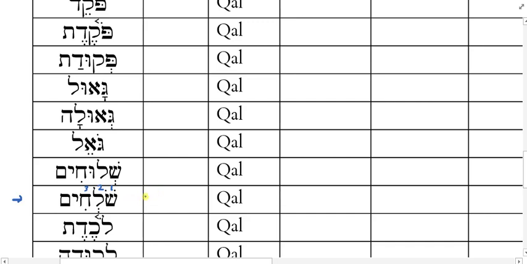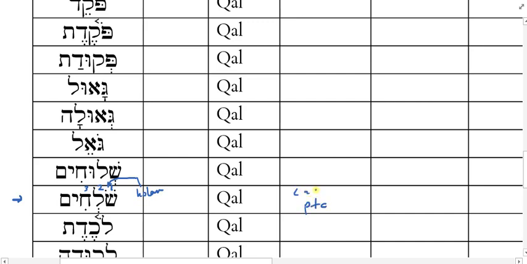It could be the imperative. It could be the participles, okay? And the next thing I have to look at then is the vowel pointing. If I look at root 1, what vowel pointing does the root 1 shin have? That's a holem. And that holem tells me that this is what form? It's the participle.